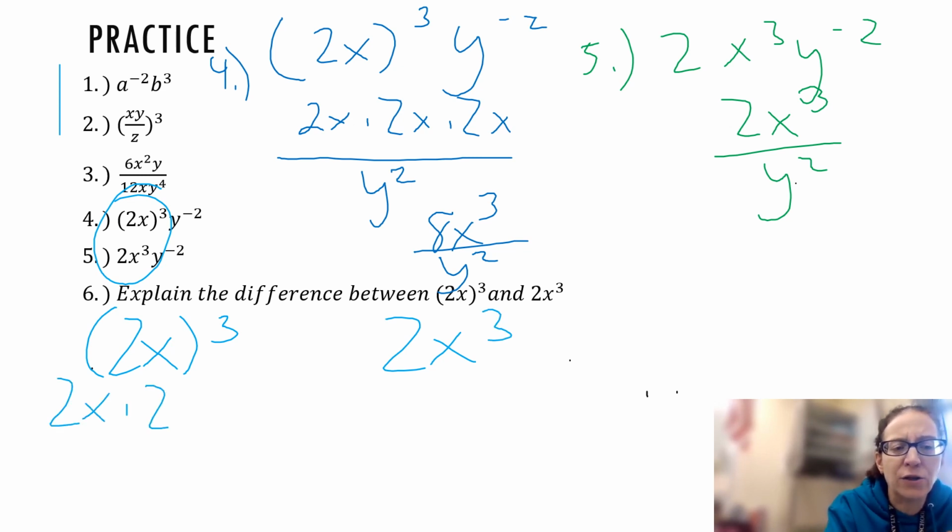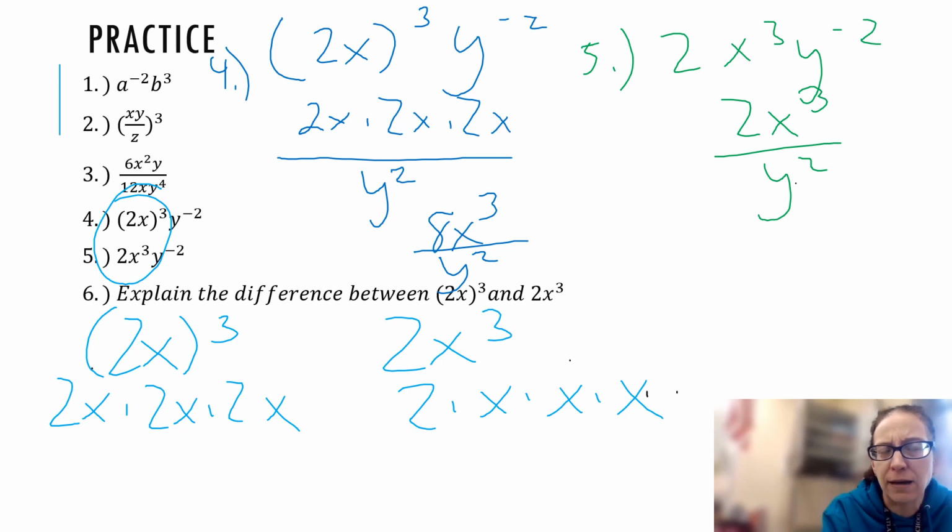This one means 2x times 2x times 2x. This one just means 2 times x times x times x. So the parentheses affect what is being cubed. However you want to explain that, knock yourselves out, okay?